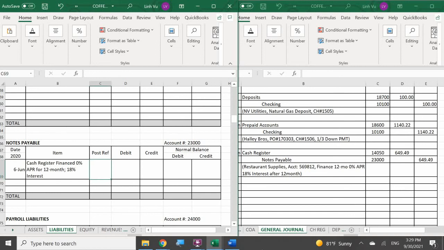So it could be a current or a long-term note that you owe them. You can owe them for 12 months, or extend it out for 36 months. You could pay off the whole thing in 10 months if you wanted to. But when you usually have payments, it's going to be considered a notes payable.